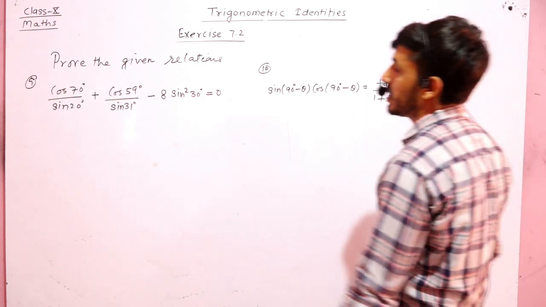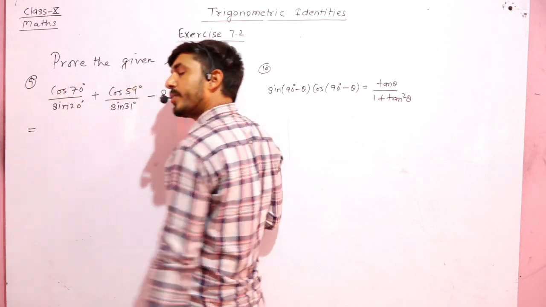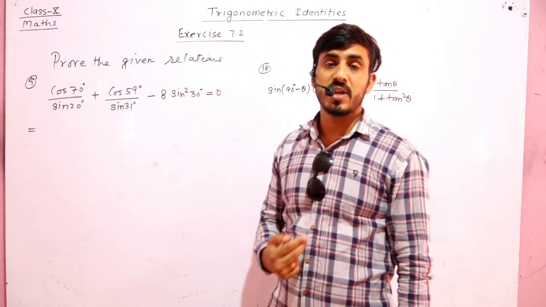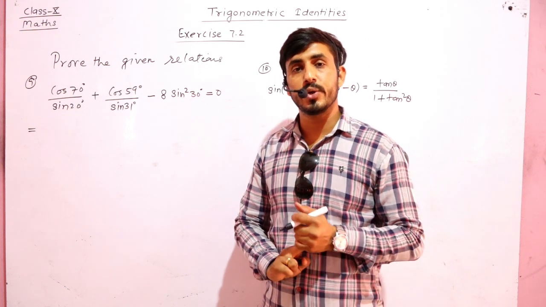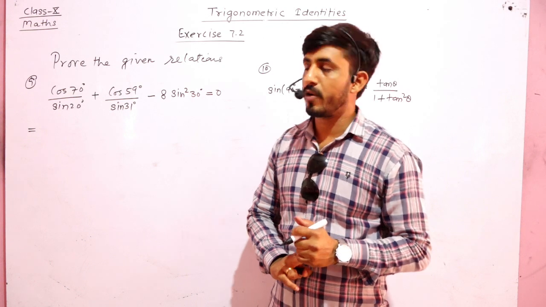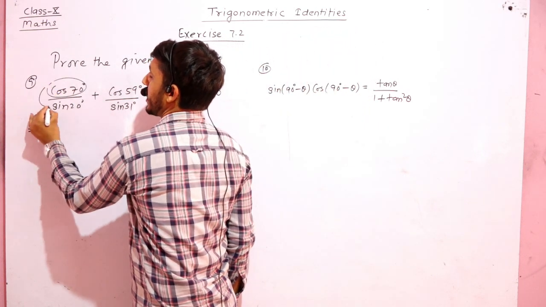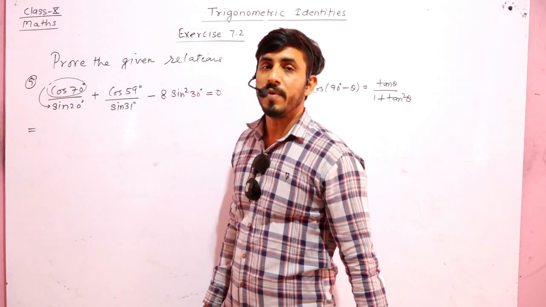First see here, it is given in terms of sine and cos, and as you know, sine and cos are helping trigonometric ratios of each other. So we will change the first part into the second part. We are going to change this cos into sine by using complementary angles.